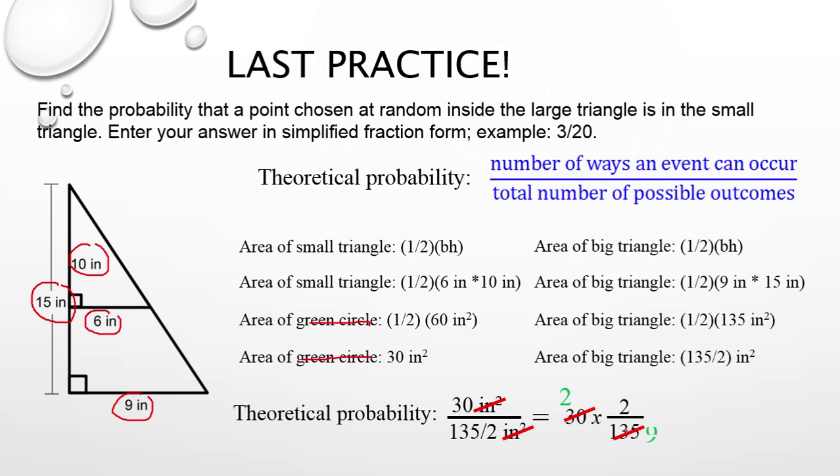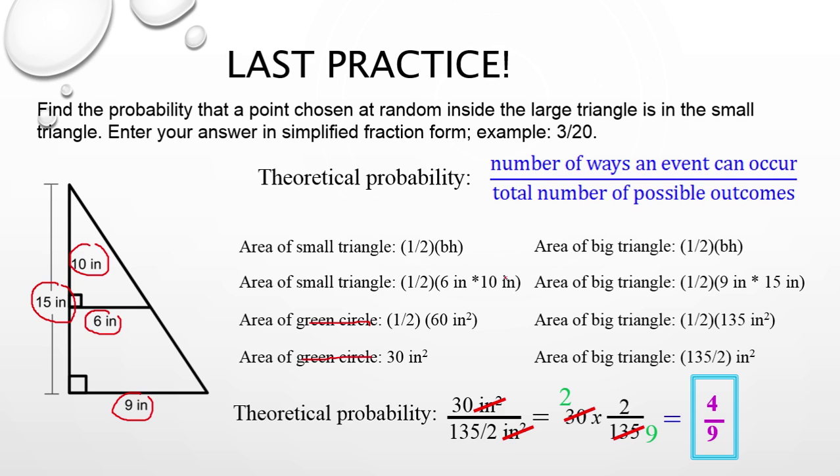Simplify that, dividing top and bottom by 15. Keep in mind, you can simplify first and then multiply, or you can multiply and then simplify. It's really up to you. I like to do it first so that I don't have to multiply by big numbers. Alright, so we have that. We end up with 4 over 9.